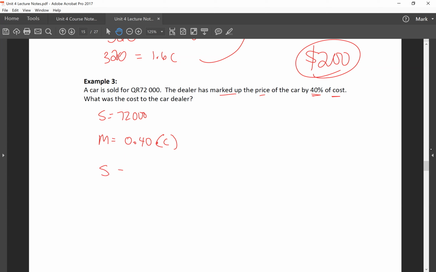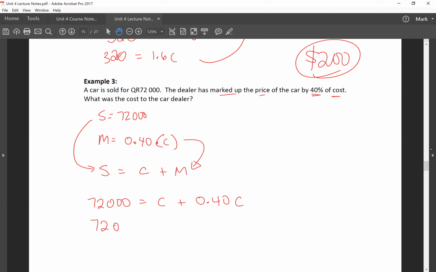The selling price of a car, or of anything, is the cost of the item plus the markup. So for S, I'll put in this number. For markup, I'll put in this number. So 72,000 reals equals cost plus 0.40 times the cost. And then just solve for C.